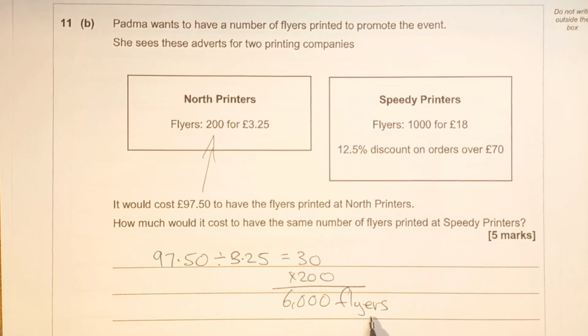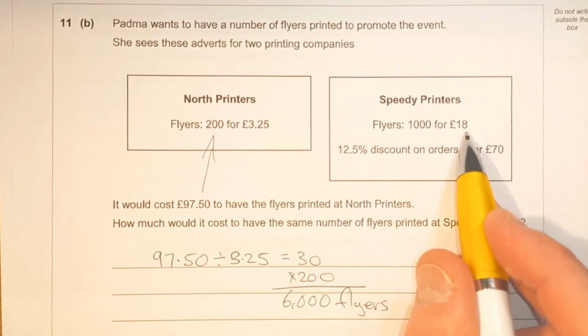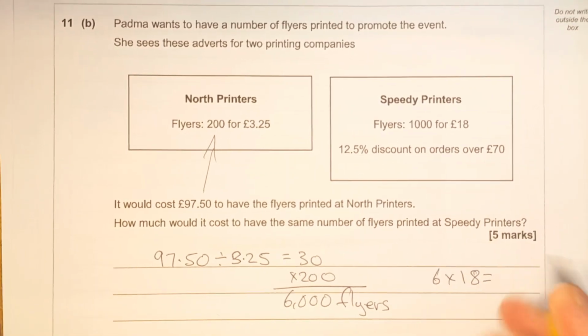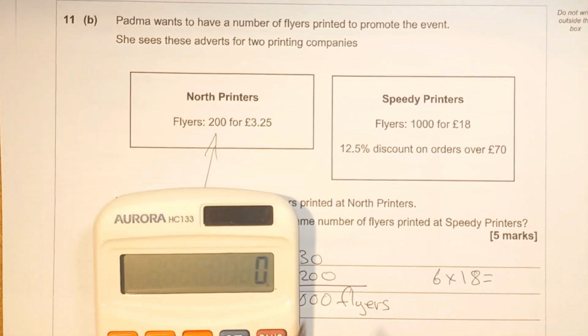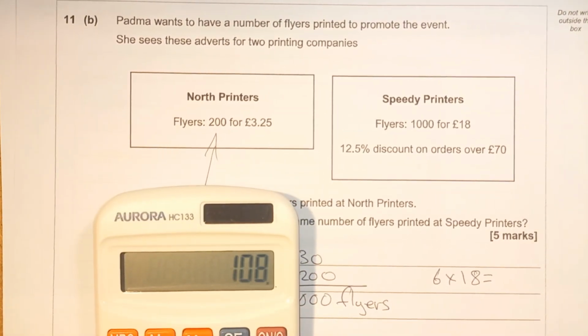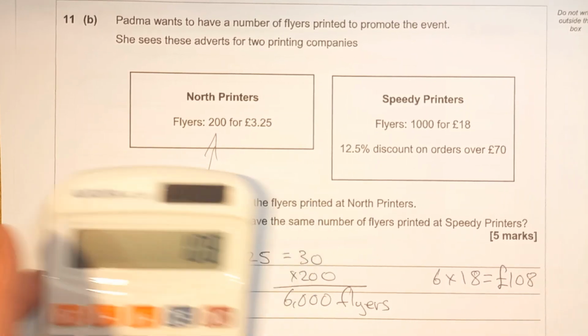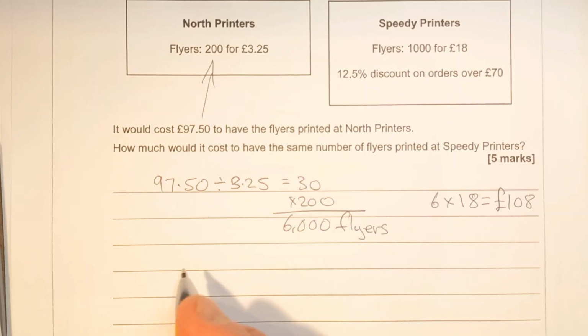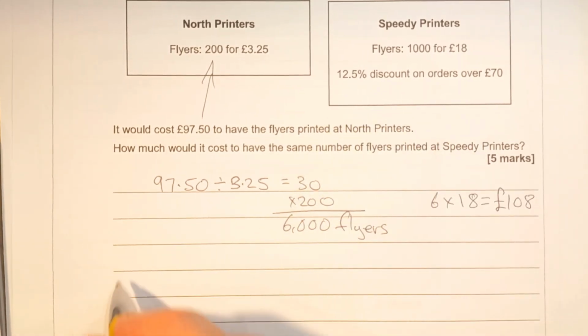Well, if we want 6,000 flyers, if it's £18 for 1,000, well, for 6,000 it's going to be 6 lots of 18. £108. But we have got a discount. Okay, so we want 12.5% discount. What I'm going to do is work out the 12.5% first and then take it off.